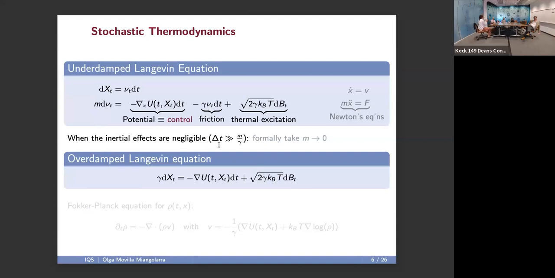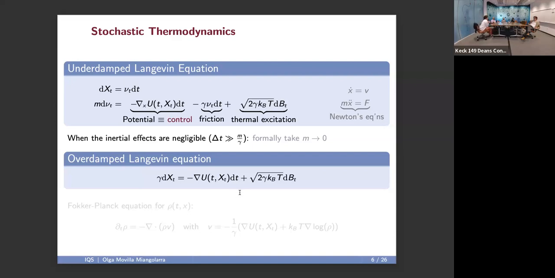This means the time scales that we're interested in are much, much larger than the time scale of the decay of the velocity, this m over gamma. This is essentially like taking formally the mass going to 0, so this is the massless limit. So formally, we can simply get rid of this term here and set m equal to 0, move this frictional term to the left-hand side, use this relationship, the velocity is simply the time derivative of the position, and we'll get to the overdamped Langevin equation.